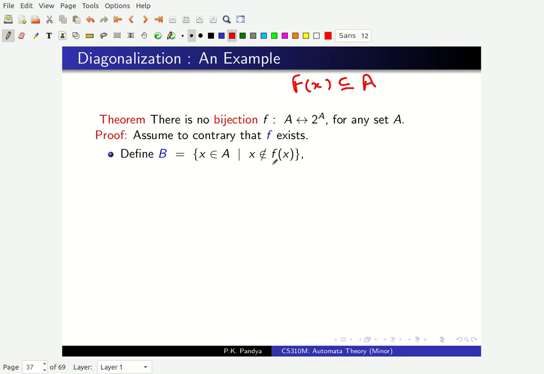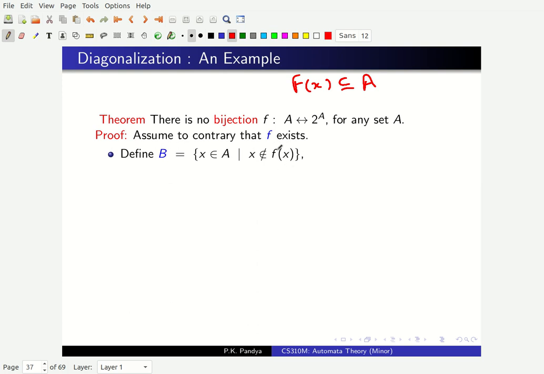We look at this set F of x and check whether x itself is in F of x or not. If it is in F of x, we do not include it in set B. If it is not there, then we include it in B. So we look at each element of A and make this test: does x belong to F of x? If it does not belong to F of x, we include it in B. This "not" is what is called diagonalization.